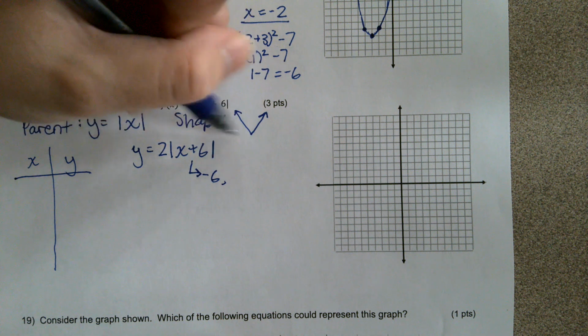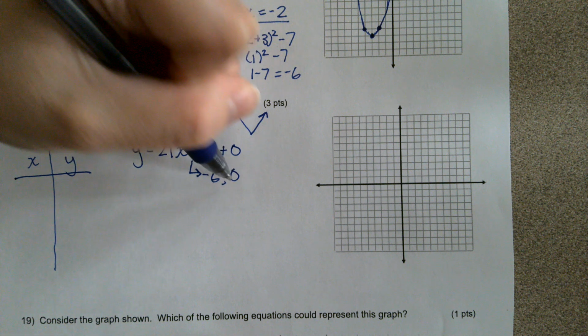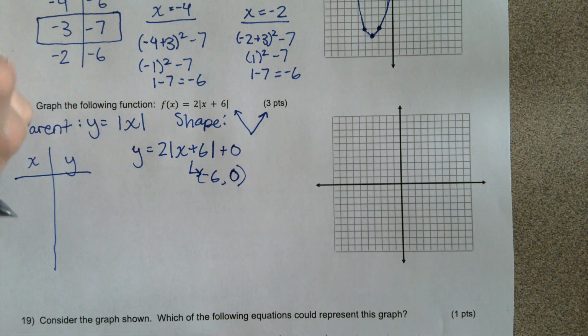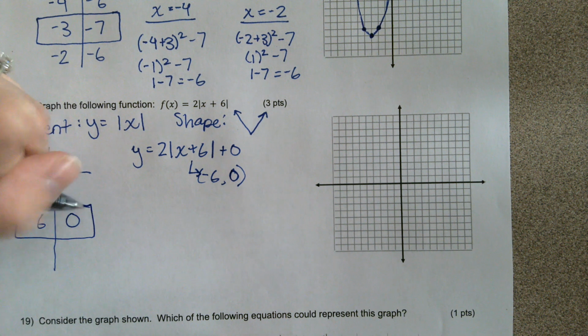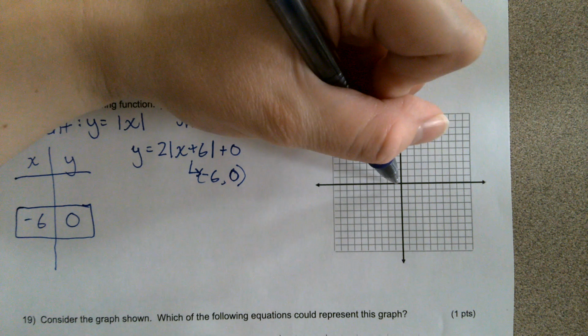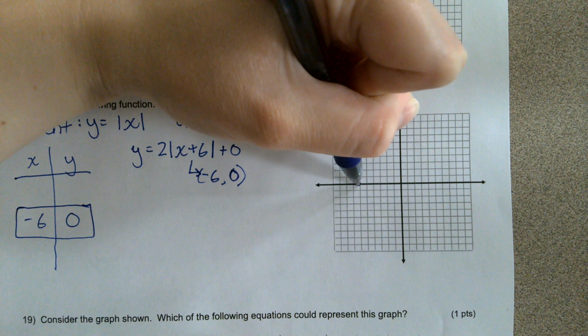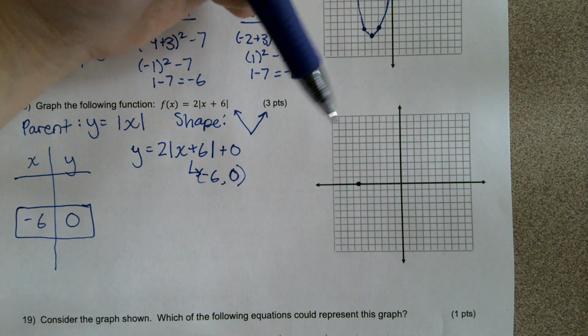Outside, there's no number here, so we think of this as plus 0. So 0 is my other number. That's my vertex. Negative 6, 0. You can graph that.